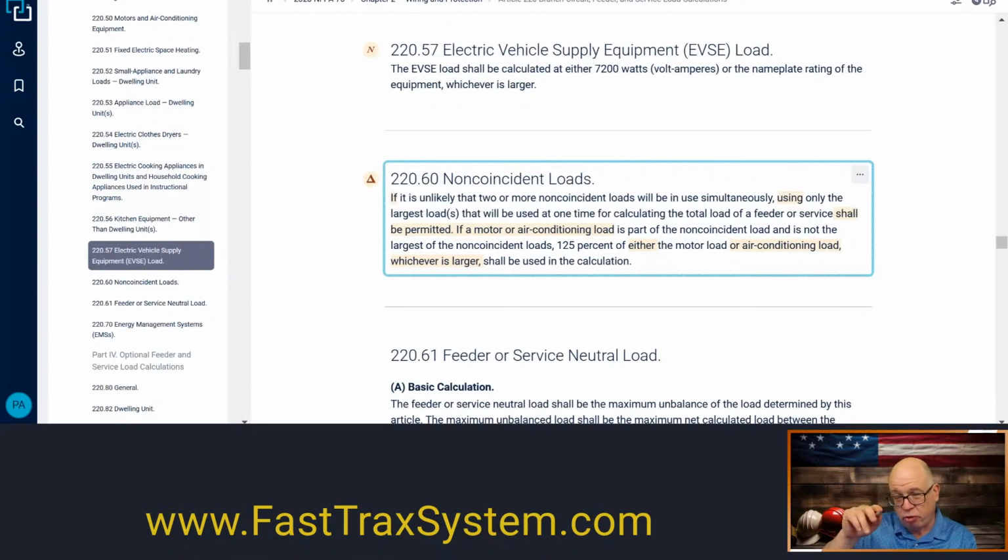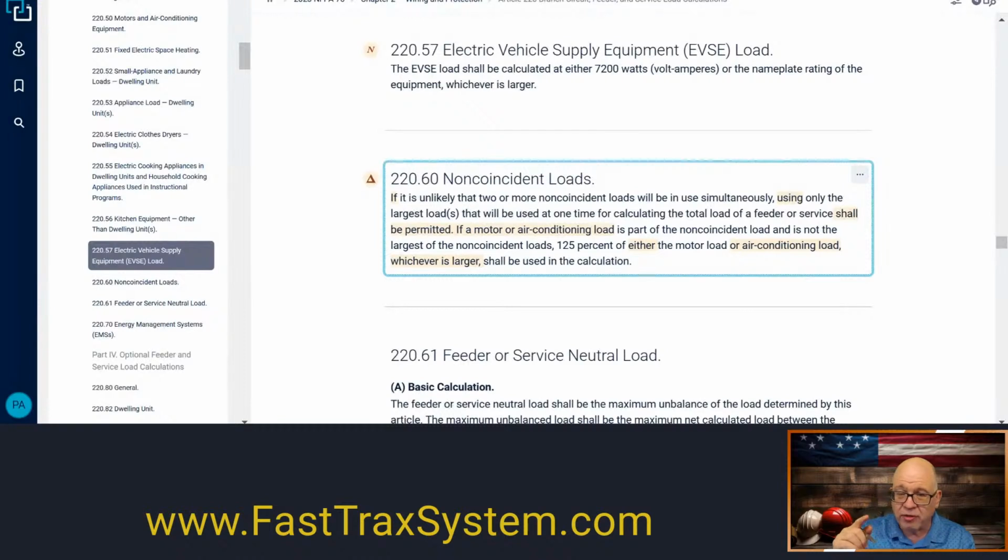But for units 2 through 8, we're going to be using what? We're going to be using the heat, because the heat was greater than the AC before we applied the 125% to the largest motor, okay?